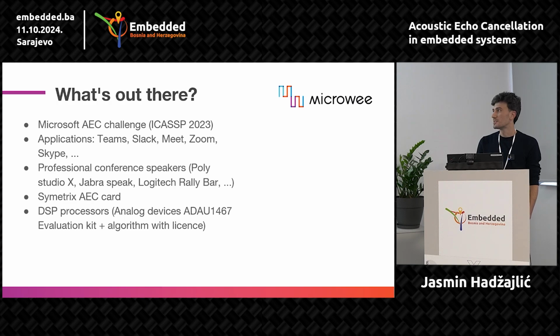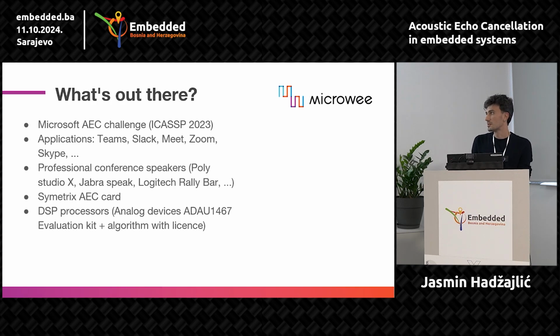What we also found is that there is a specific acoustic echo cancellation card which doesn't offer a speaker or microphone, but it offers input channels and output channels, where you can plug in a reference channel, microphone, speaker, and so on, and that card gives us echo-free sound as the output. And there are a lot of DSP processors with already implemented stuff on them.